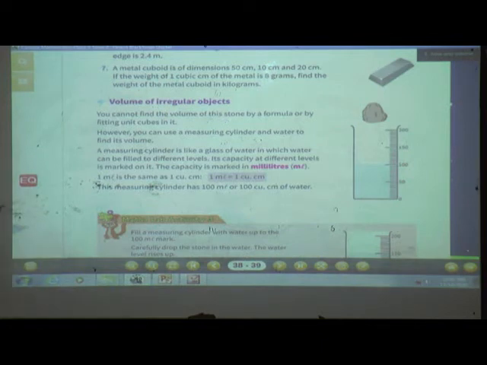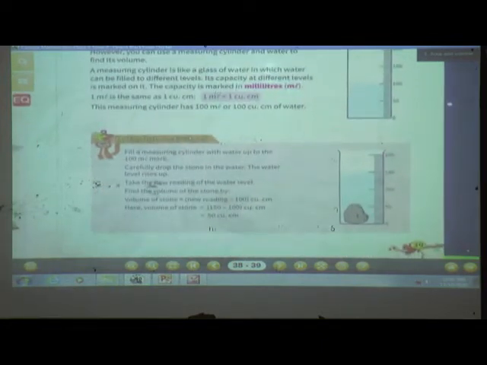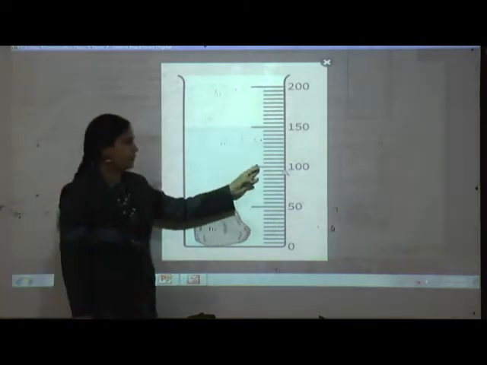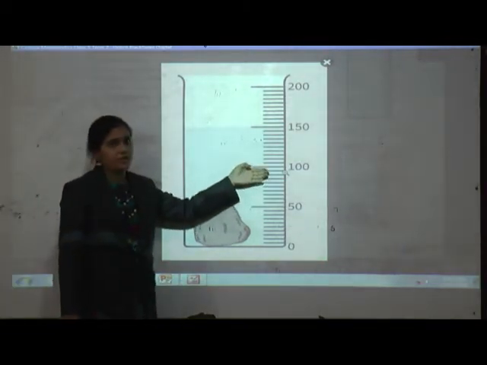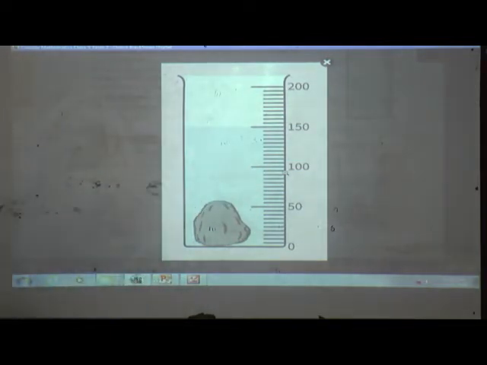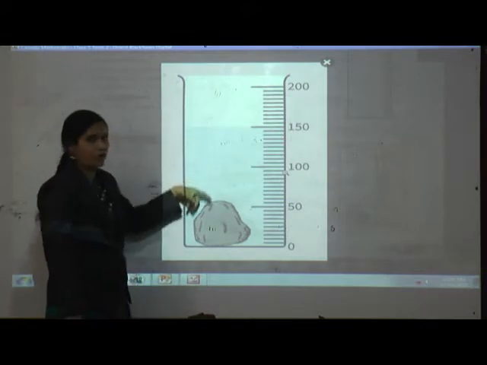First, fill the measuring cylinder with water up to the 100 ml mark. Then carefully drop the stone into the water.